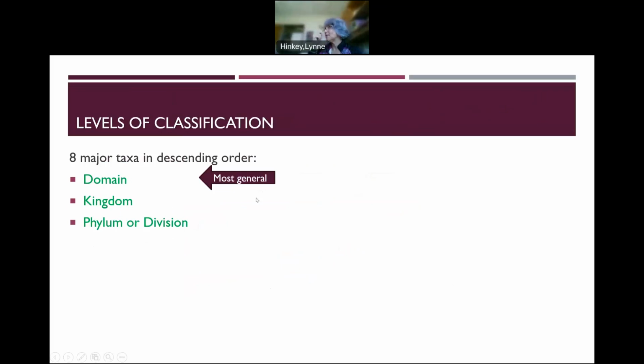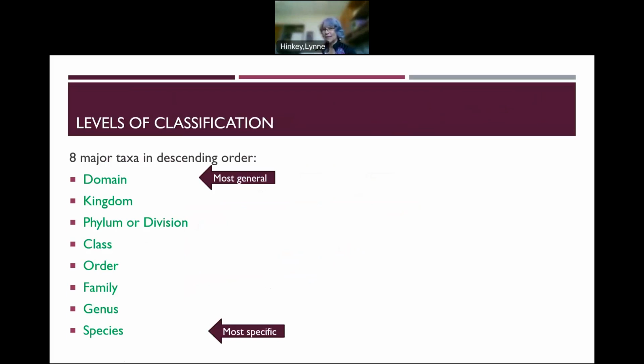From there, we divide them into phyla, classes, orders, families, genus, and species. Once we get to the genus and species level, we're at our most specific. We can't just give a species name because the species name is kind of like the first name of us. My first name is Lynn. There can be lots of Lynns.